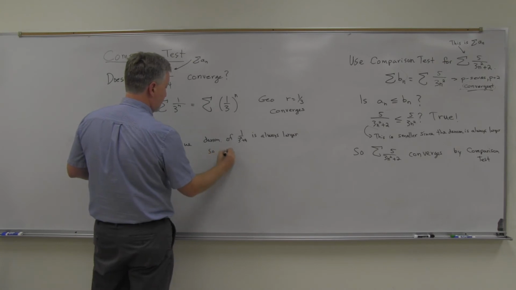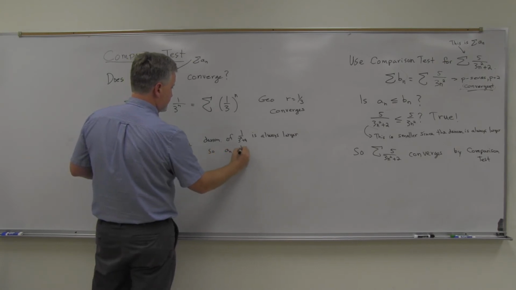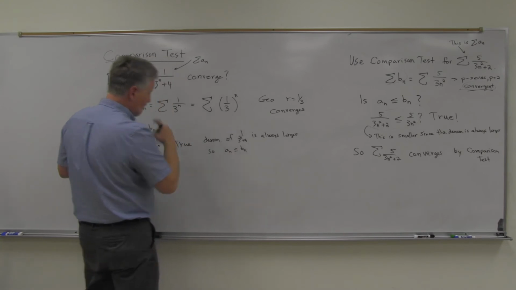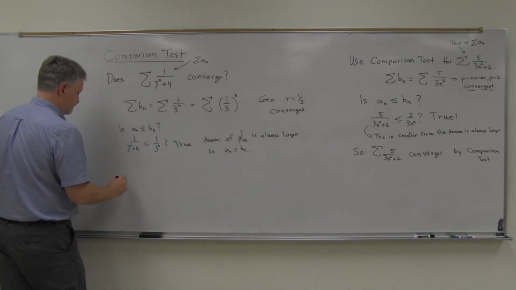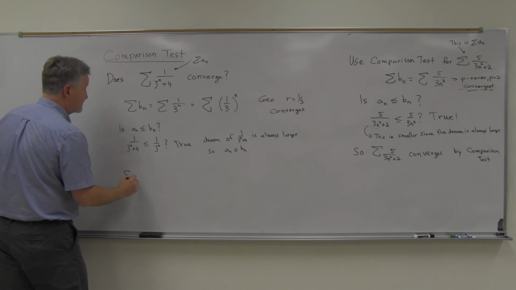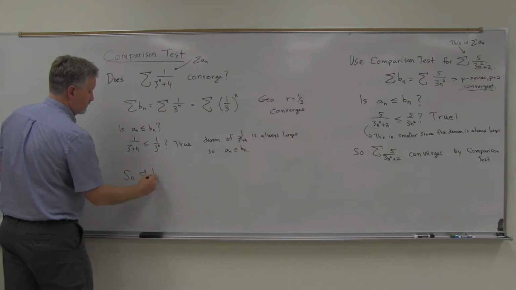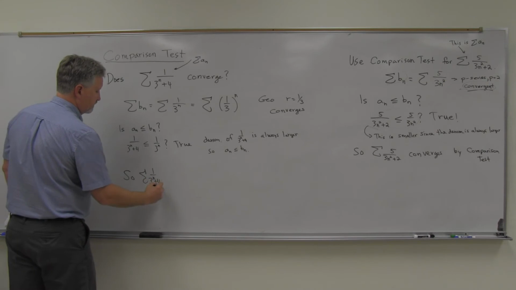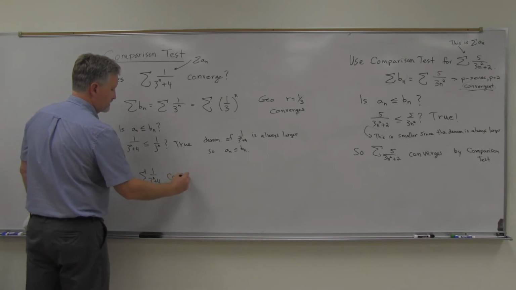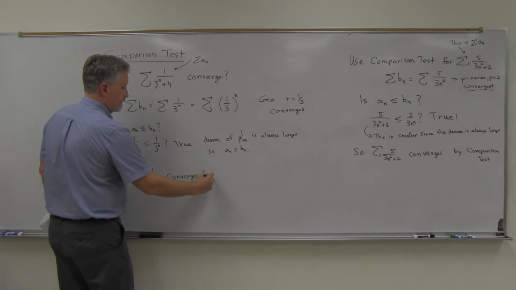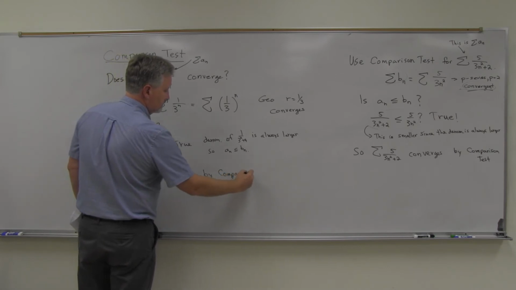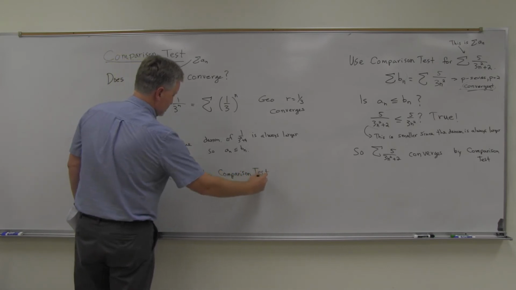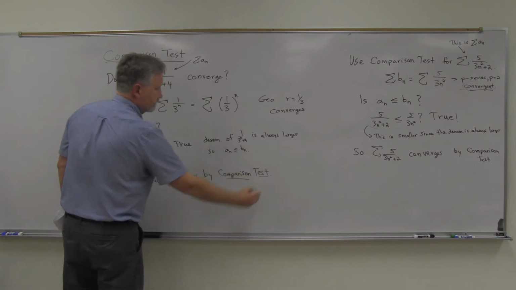And so A sub n is less than B sub n. True. So the conclusion then: our series 1 over 3 to the n plus 4 converges by the comparison test. Okay?